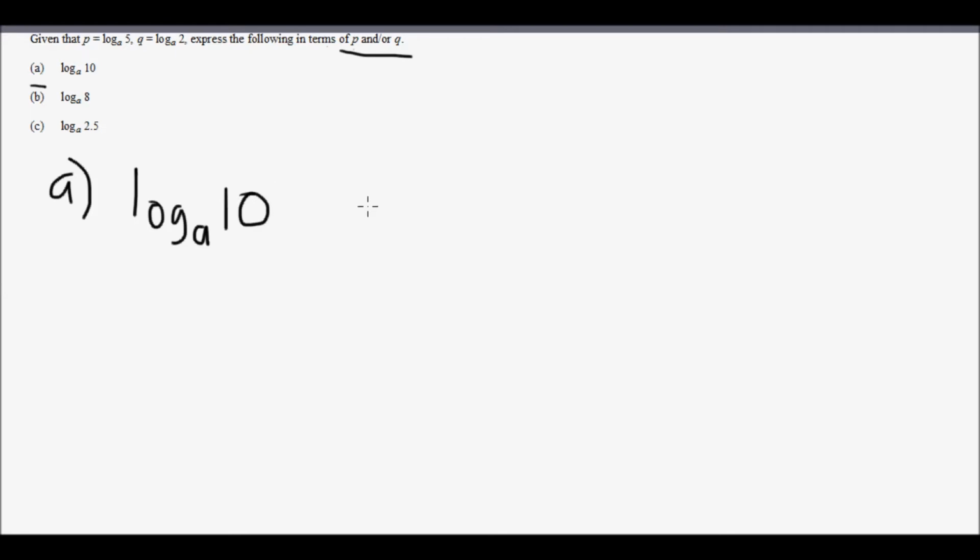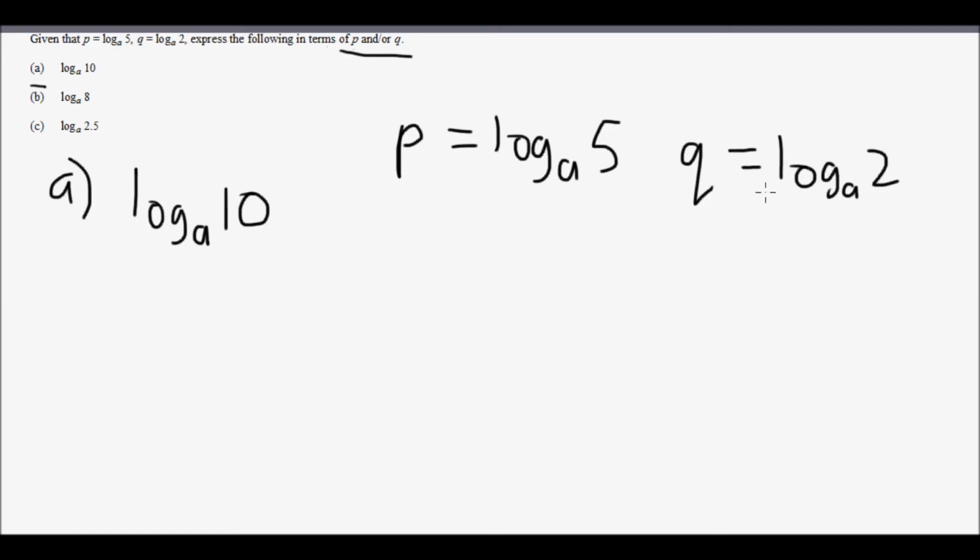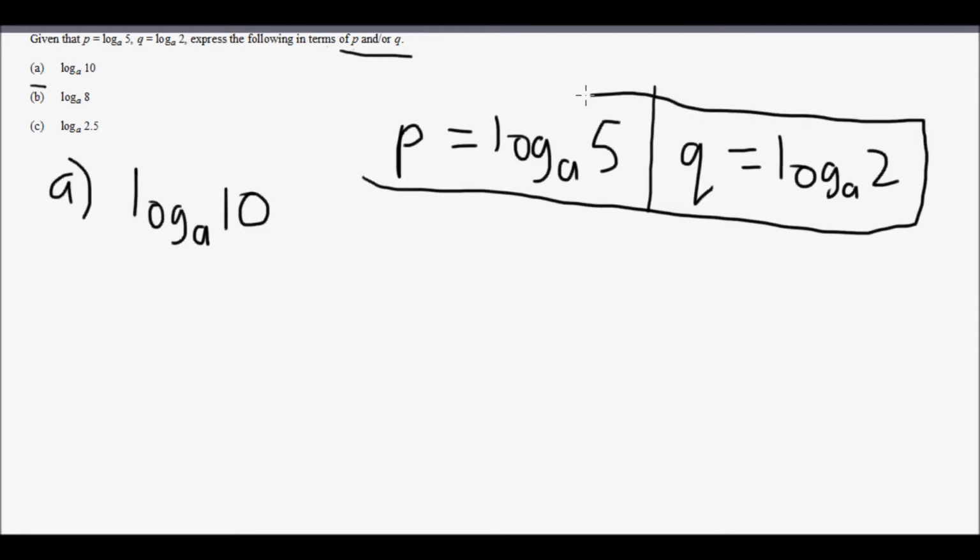Now, we have information that our P is equal to log_a 5 and Q is equal to log_a 2. Now, we have to be aware that these log rules are only useful when the base for each log is the exact same.